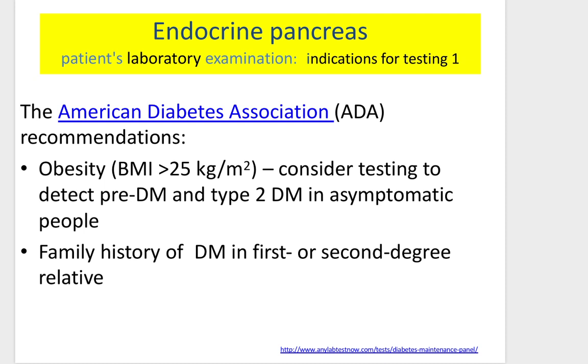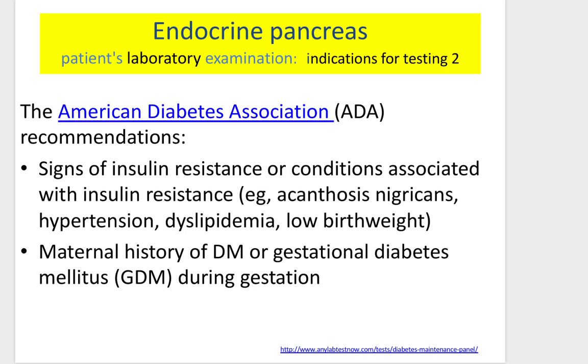Family history of diabetes mellitus in a first or second degree relative is an indication for examination of this patient. Signs of insulin resistance or conditions associated with insulin resistance, like acanthosis nigricans, hypertension, dyslipidemia, low birth weight, and maternal history of diabetes mellitus or gestational diabetes mellitus during gestation.